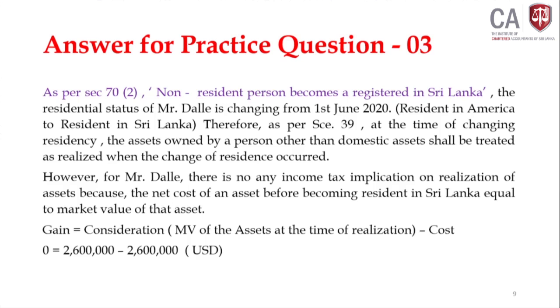However, for Mr. Dale, there is no income tax implication on realization of assets, because the net cost of an asset before becoming resident in Sri Lanka equals the market value of that asset. Therefore, consideration, the market value of the asset at the time of realization, minus the same figure, 2.6 million minus 2.6 million US dollars, the gain is 0.